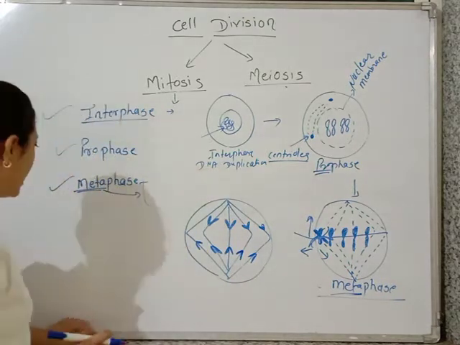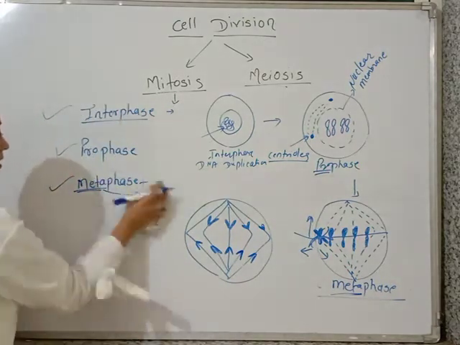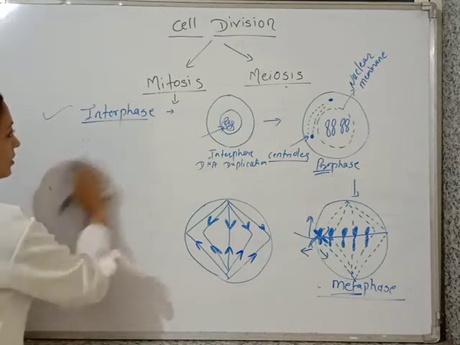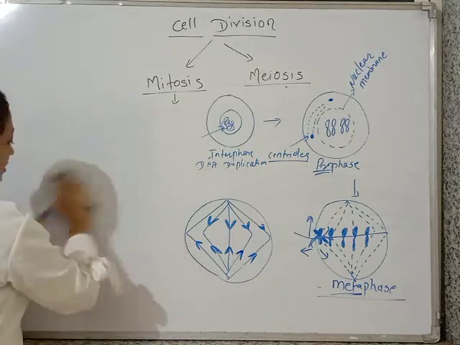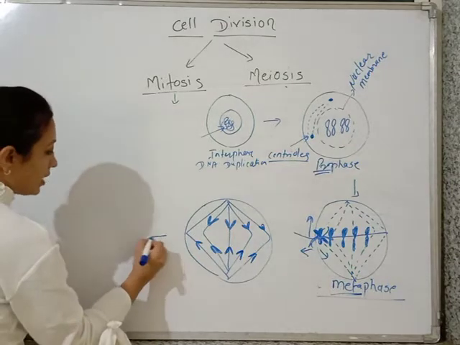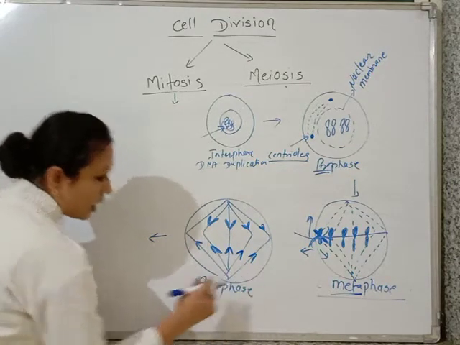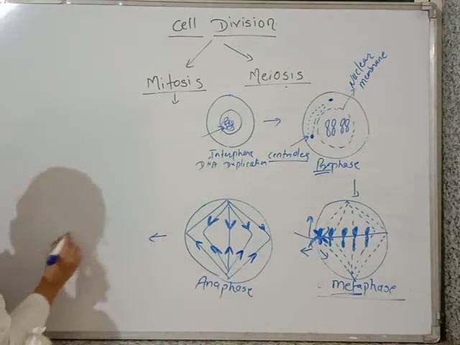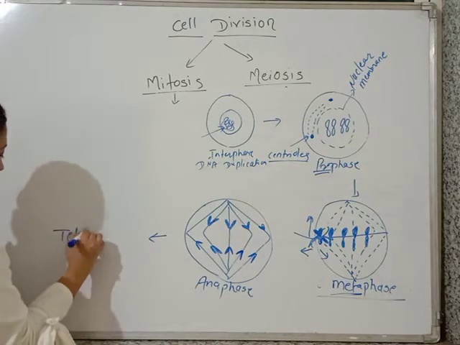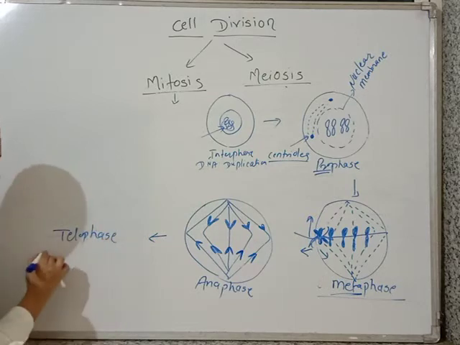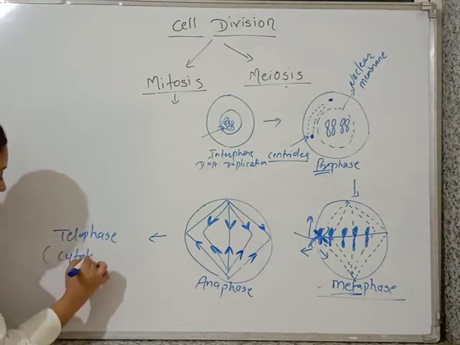And then the last stage of the cell division is the telophase. In the telophase, what happens? Cytokinesis occurs.